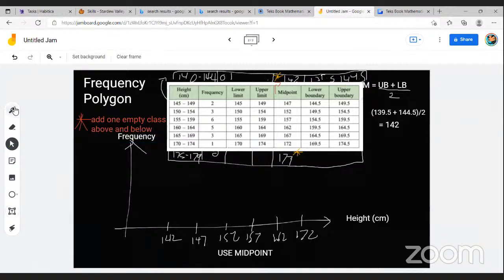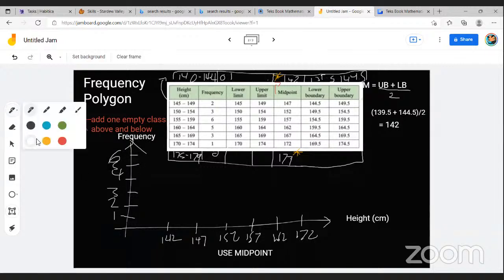So your frequency would be like 1, 2, 3, 4, 5, 6. If we look here, you can start seeing the thing. The first one, where the midpoint is 142, is an empty class. The empty class has 0 frequency, so you just put the X over here at the bottom for the first one.